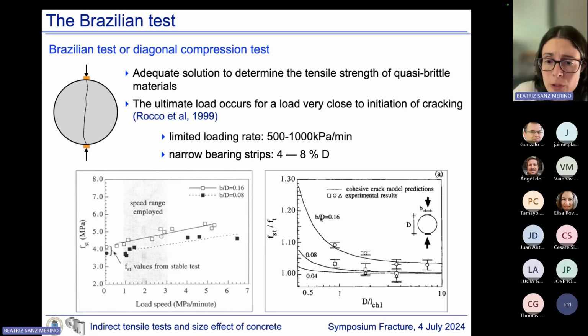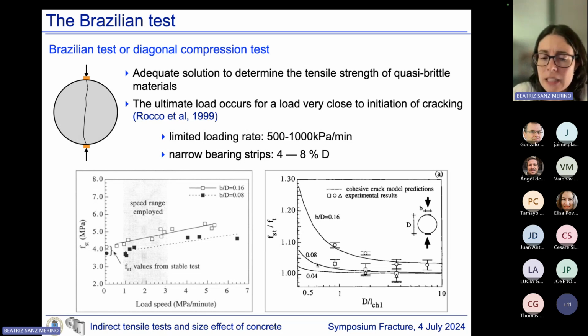For different configurations of the test with different widths of the bearing band b, the tensile strength inferred from the test is much higher than the true tensile strength as the bearing band width increases, and this is the reason to limit the width of this band.